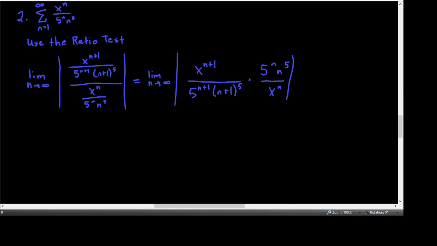One of the things I see that we can do is deal with the powers of x. To divide powers of x, you subtract the exponents. So x to the n plus 1 divided by x to the nth will be x to the first in the numerator. For the 5s, they have the same base.